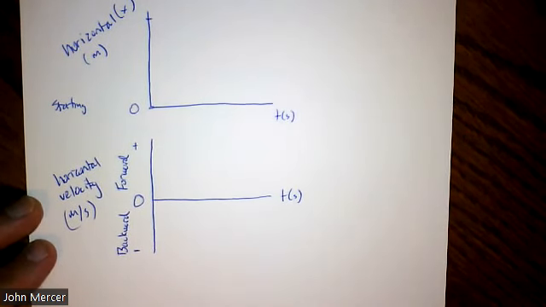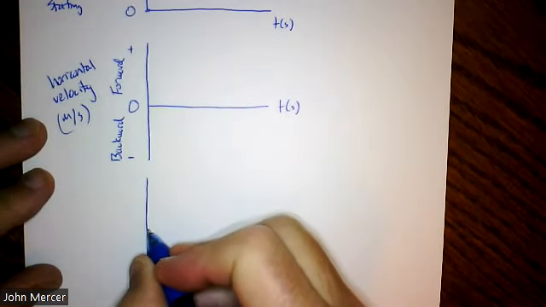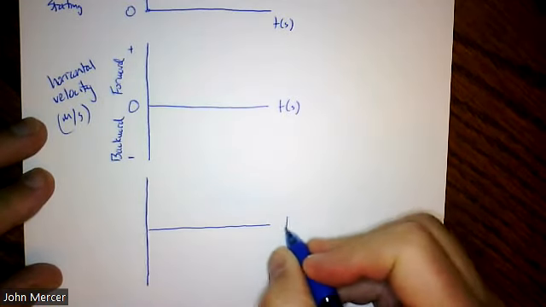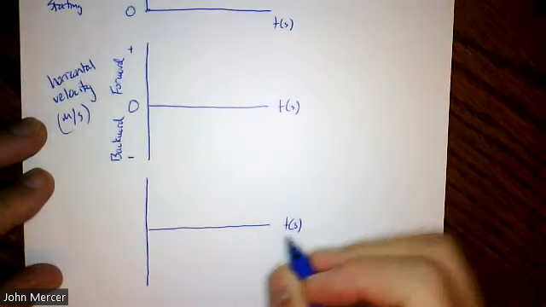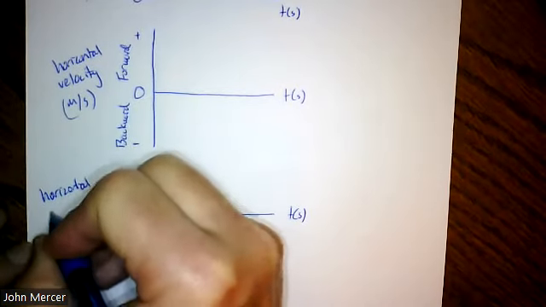Okay, so now I'm going to do one more plot, and that is going to be the horizontal acceleration versus time. So I've got time on this axis, and these all line up, and now I'm going to put horizontal acceleration.